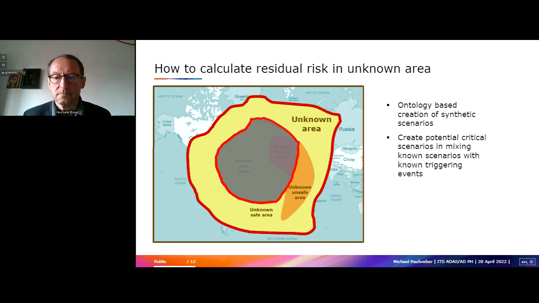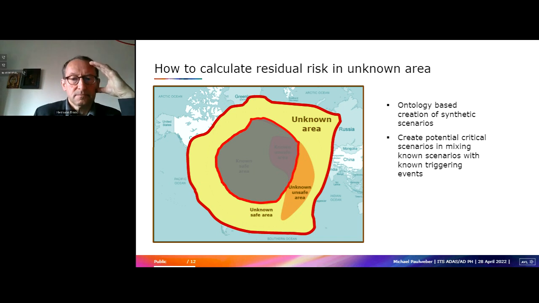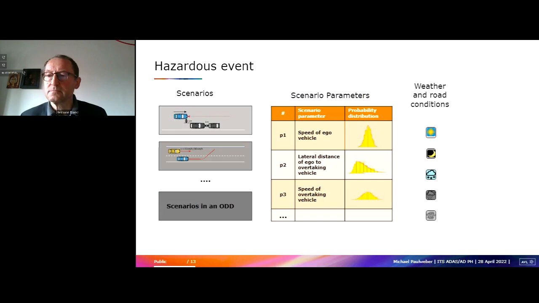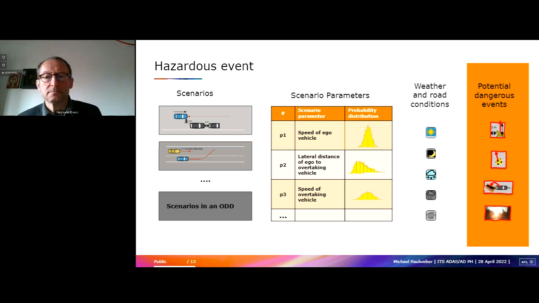The other possibility is that you use the information from what I have shown before, and you're now trying to create new scenarios by introducing these triggering events. What we have up to now is what I described before, and now you can add things which can happen in all of these scenarios.